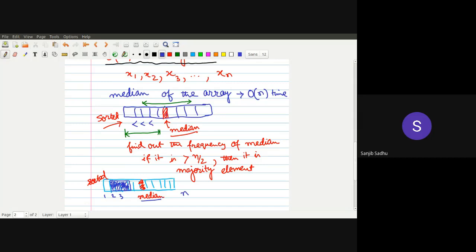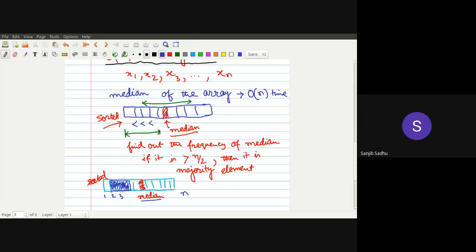Now tell me, is it very easy to find the median of the array in linear time? You know the algorithm is not very easy, it is slightly complicated. You know the time complexity: we divide the array into columns of five, compute the median of medians, then find the approximate median by pivots.